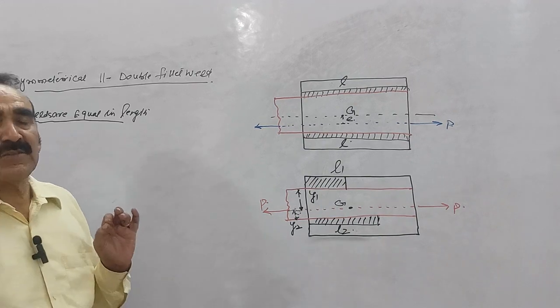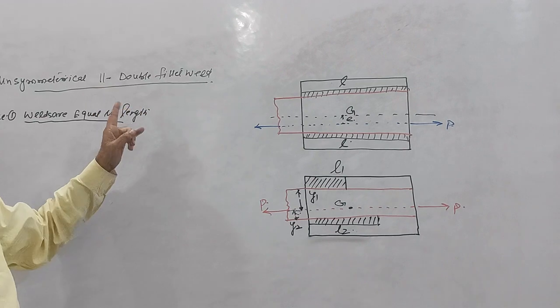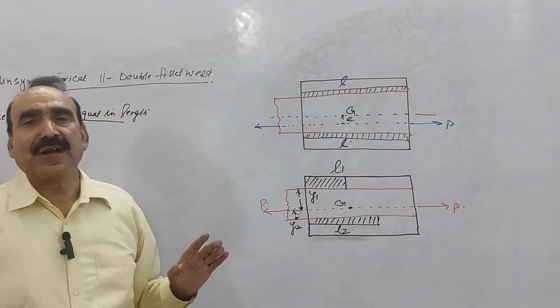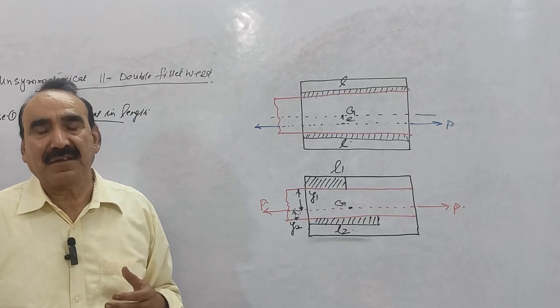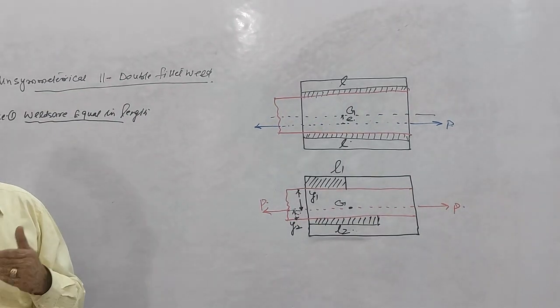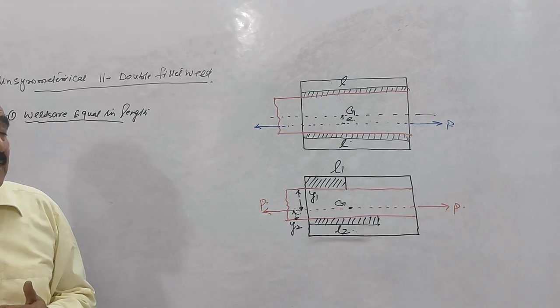क्या था केस हमारा फर्स्ट था, we have taken the case number 1. ये unsymmetrical weld हमें क्यों बनाने पड़े? What is the reason why we have come to this point that the weld should not be of equal length, that should be of different length? What is the reason?